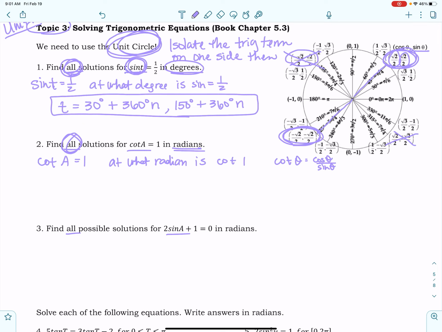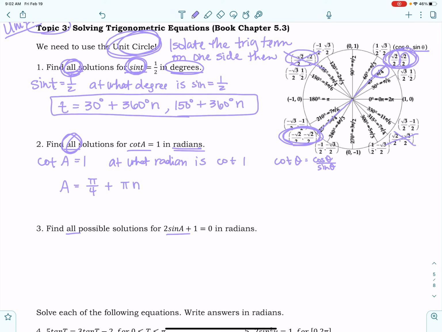So technically, for cotangent and tangent, since their period is only 180 degrees, as we learned in the last unit, we only have to rotate 180 degrees to get to the next value. So A here is going to be equal to pi over 4 plus pi n.